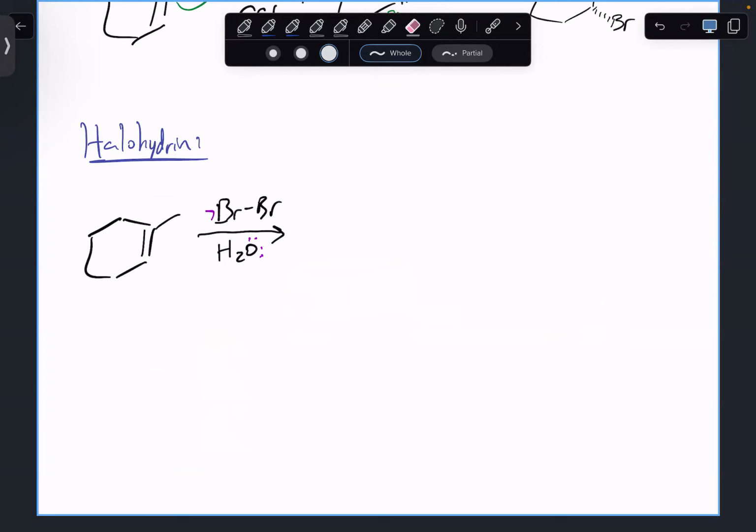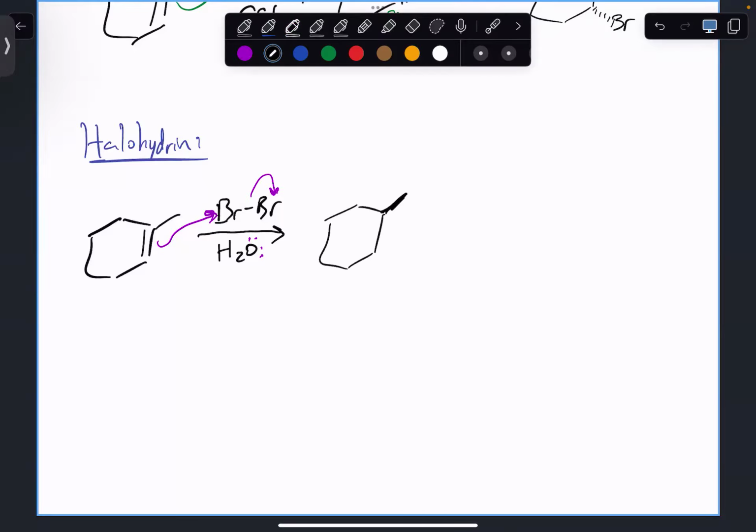The first part of the mechanism is not going to change. Pi electrons are going to go out and attack the bromine, which will result in that bromonium ion. The difference here is that now in this reaction you have two nucleophiles.